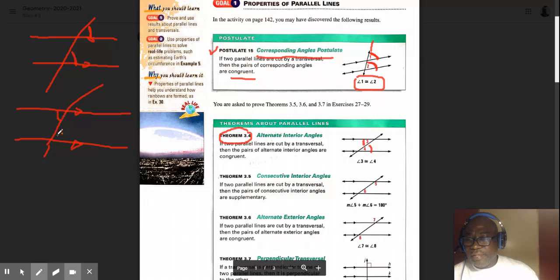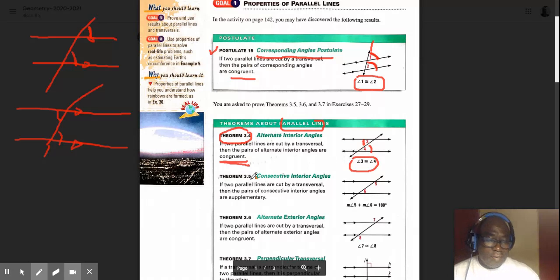Alternate means it alternates on either side of this transversal, and it's on the interior. So alternate interior angles are on the inside of the parallel lines and on alternate sides of the transversal. And these angles are congruent. So that is the alternate interior angles theorem for parallel lines. They are congruent.